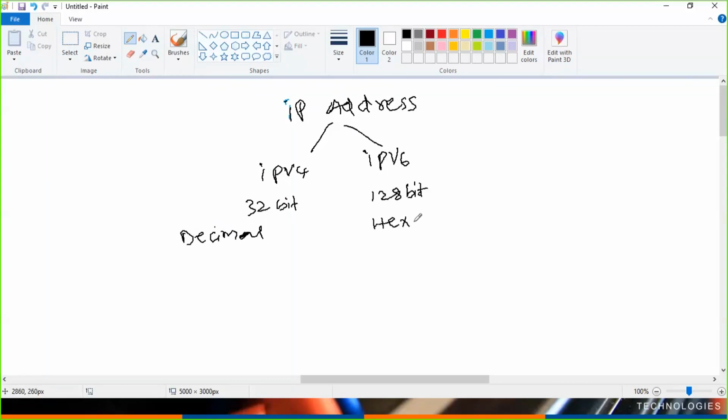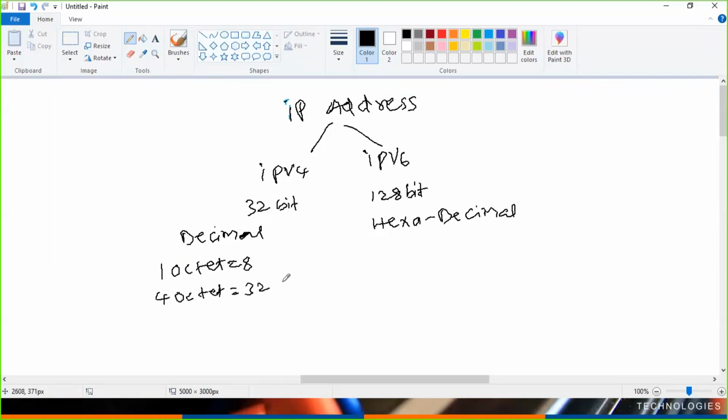IPv6 is in hexadecimal format. In decimal, the address is divided into octets, right? One octet contains how many bits? 8 bits. IPv4 is divided into 4 octets, which is 32 bits.